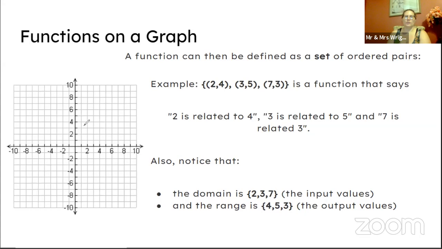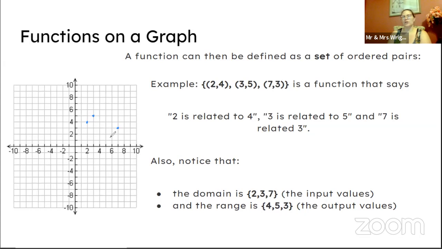So 2, 4, we would have a point right there. 3, 5, point right there. 7, 3. Okay, so this is a function. It says 2 is related to 4, 3 is related to 5, and 7 is related to 3.